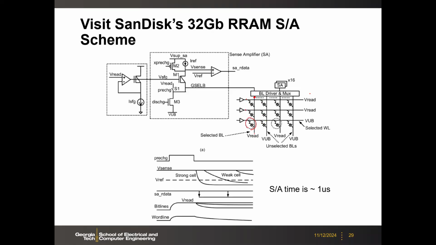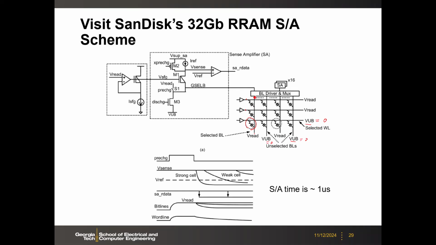This is exactly the same as one of the slides we showed earlier on the cross-point array. When you read the cross-point array in parallel, if it's voltage mode sensing, you have to use this kind of bias. So this VUB could be like a ground, or some other common voltage.